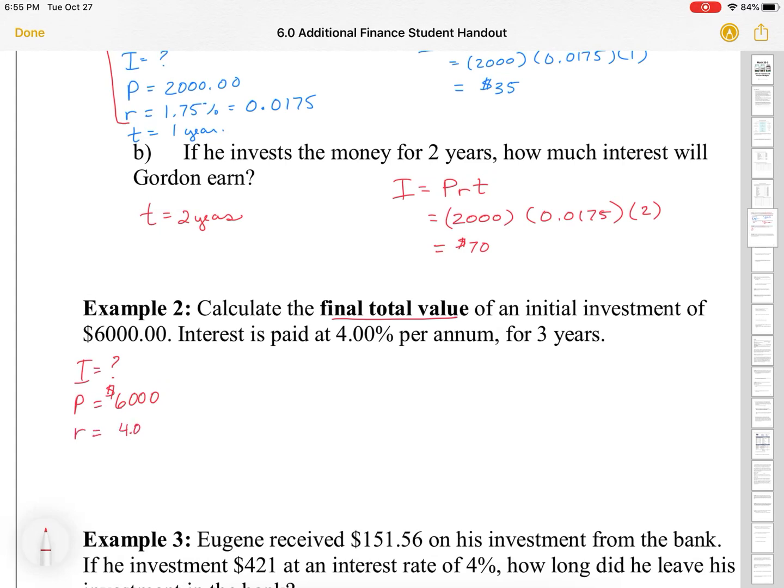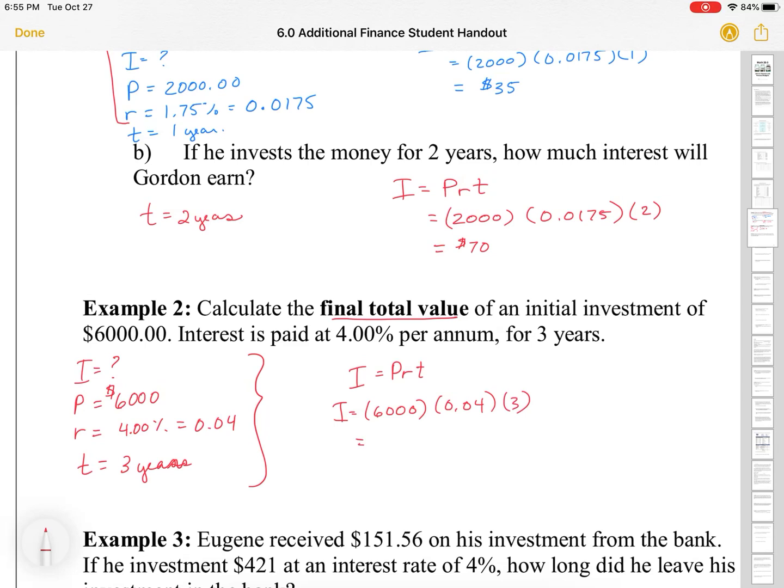The rate is 4%, which we divide by 100, so 0.04 as a decimal, and the time is 3 years. Okay, so from that, interest is equal to PRT. So our interest is 6,000 times 0.04 times 3.